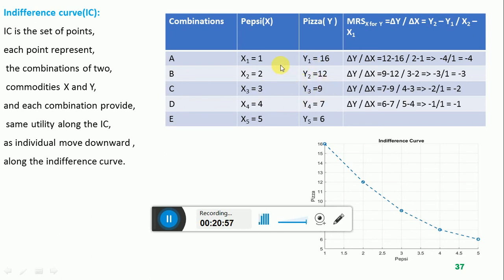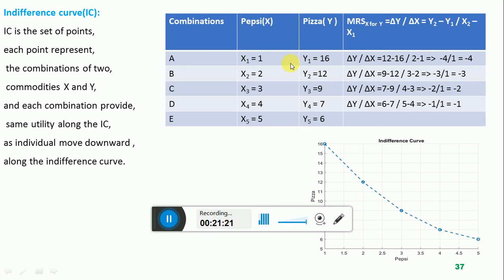So here we define that an indifference curve is the set of points. This is the first point, the first combination, where X is 1 and Y is 16. This is one combination that the consumer is purchasing, and it will provide the same utility as the other combinations provide.